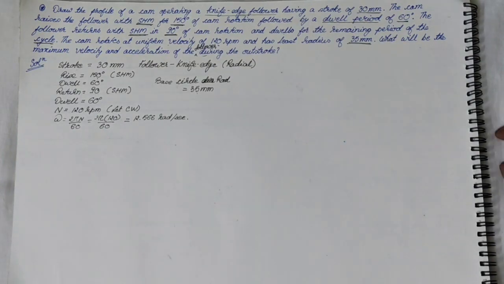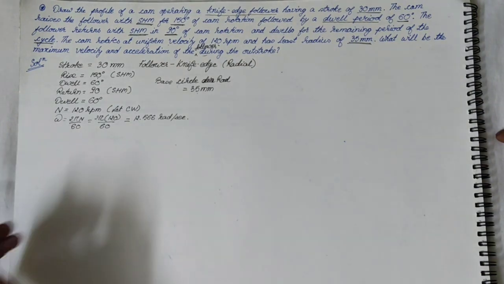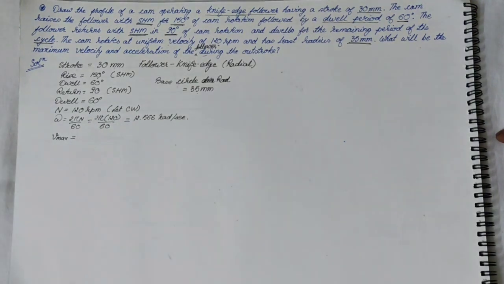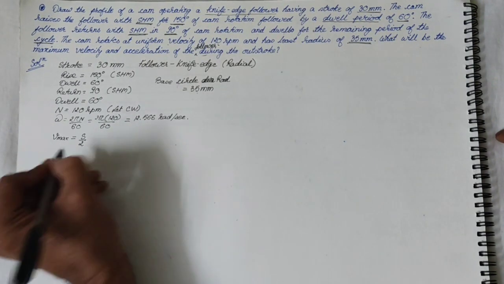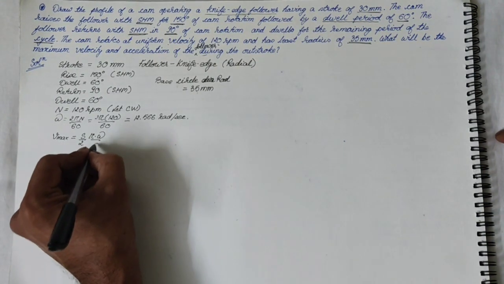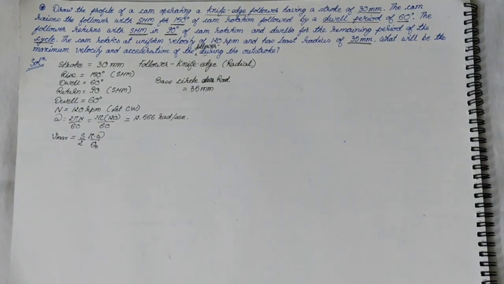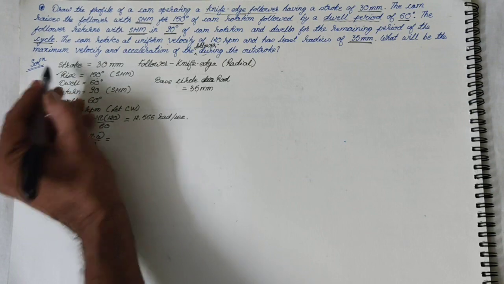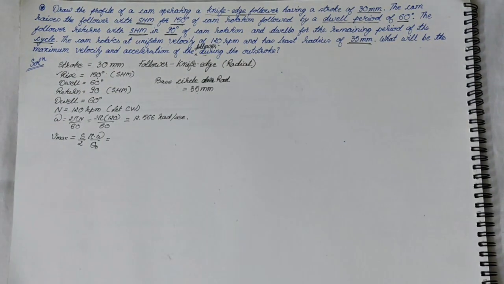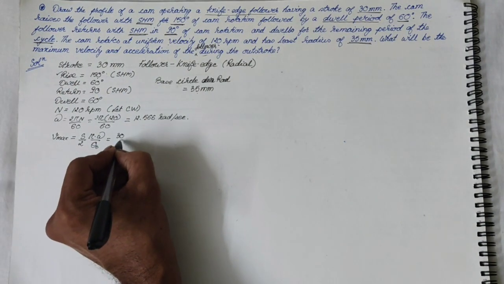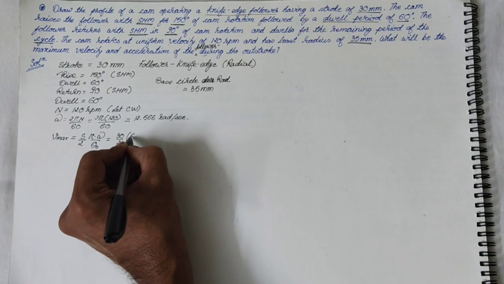Now for SHM, the maximum velocity, Vmax of the follower, is given by S by 2 pi into omega of the cam upon theta of the outstroke. We are finding it for the rise or the outstroke. So theta for this will be the rise, it is 150 degrees. So we can find out this value. S is 30 stroke, so it is 30 by 2 into pi.